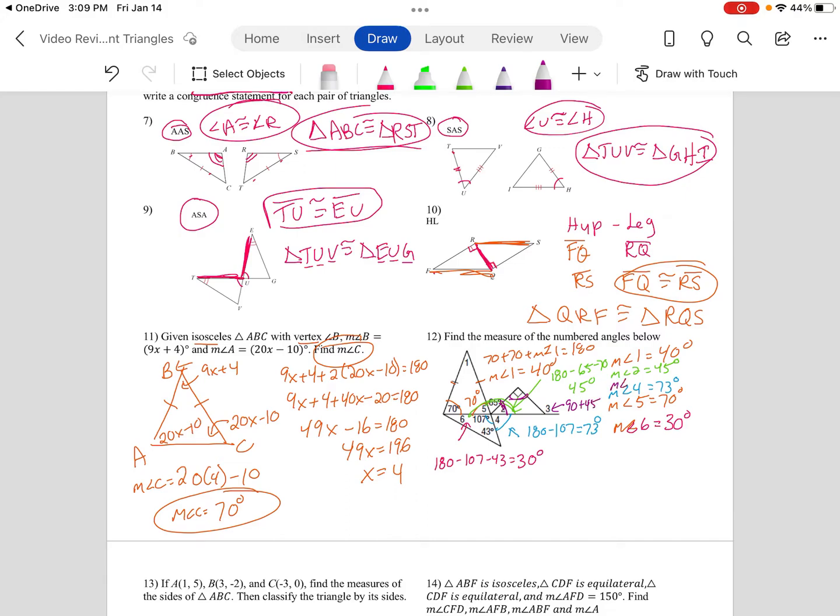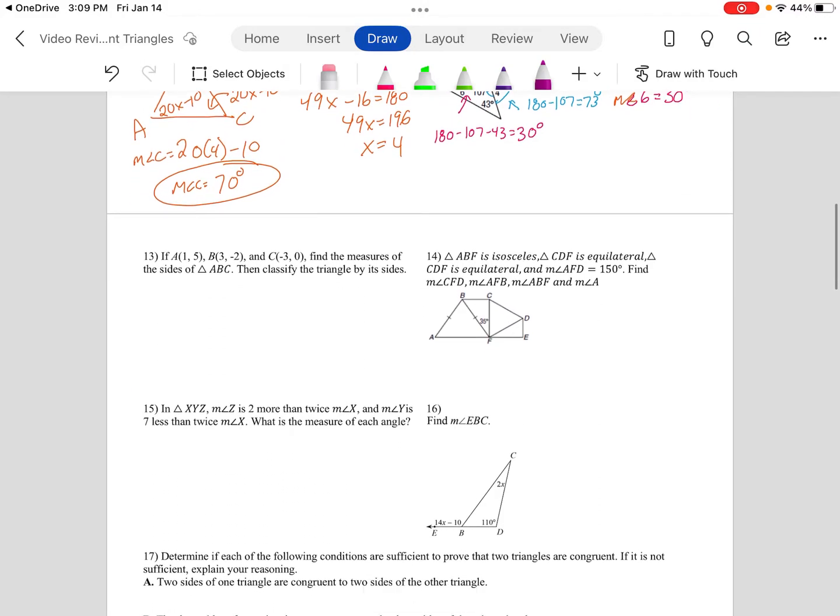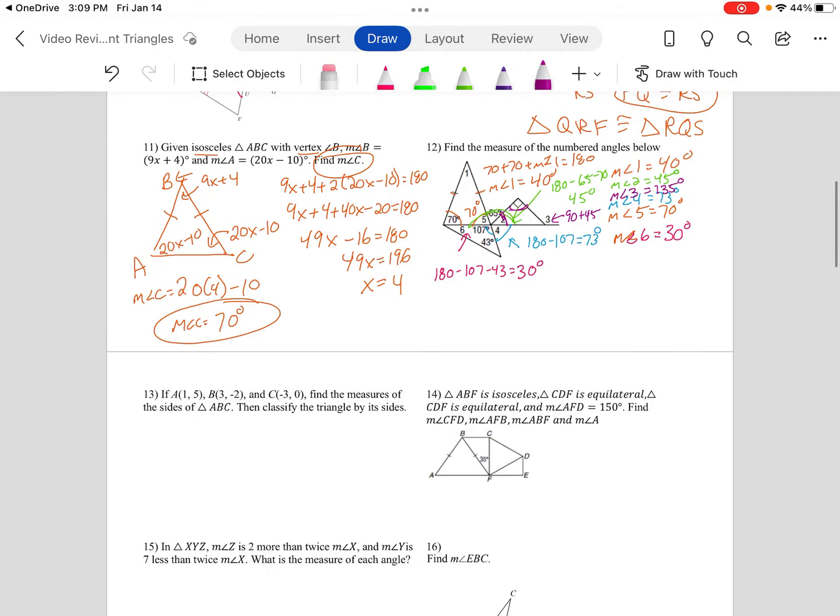So the measure of angle 3 is equal to 135 degrees. All right, so we have all of these here.